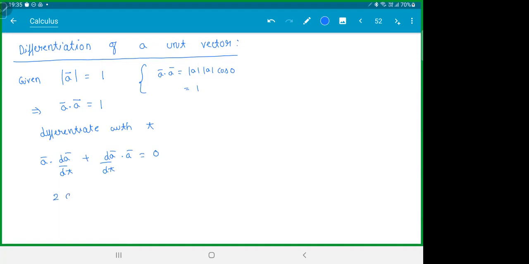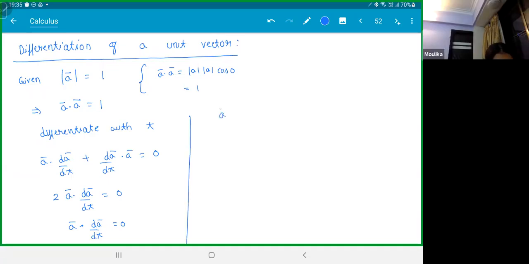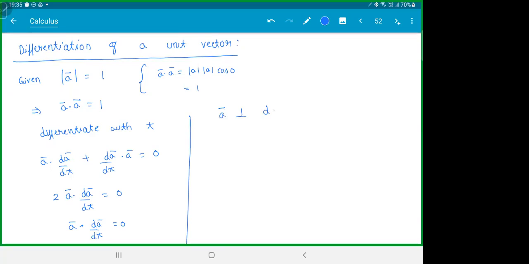So we got 2 times A bar dot dA by dt is 0. Tell me one thing, if the dot product is 0, what does it mean? Perpendicular. Vectors are perpendicular, meaning A bar is perpendicular to dA bar by dt.